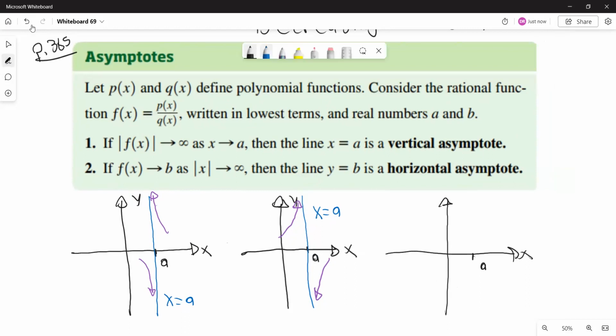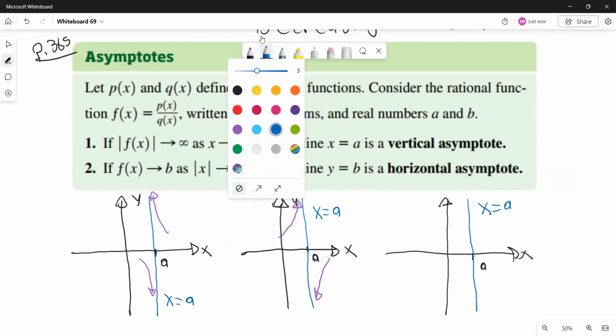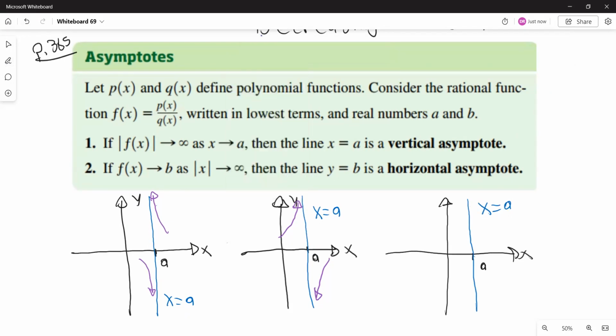Another example of a vertical asymptote could be like this: it approaches negative infinity as x approaches A from the left and from the right.